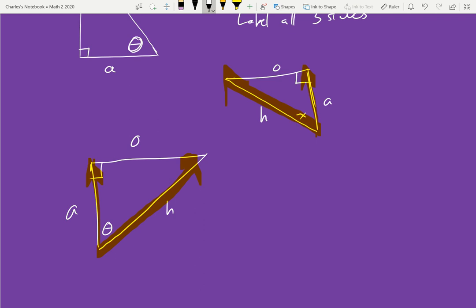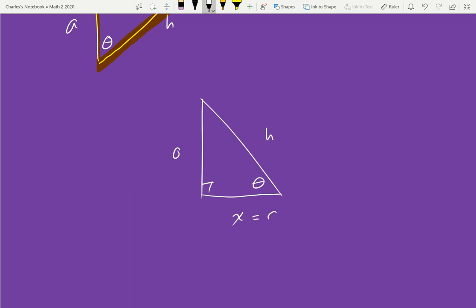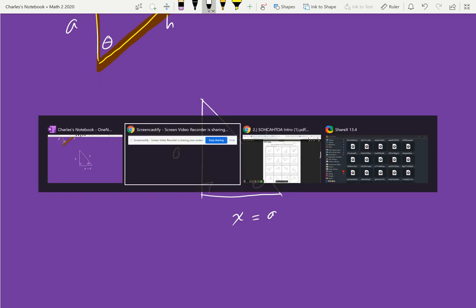On the worksheet, you're going to have to decide whether a side marked by, well, I guess I can do an example. Let's say I have an angle, and I want to know x right there. Is that the opposite? Is that the adjacent? Or is that the hypotenuse? Well, if I start labeling this triangle, that's going to be my hypotenuse. This is going to be my opposite, and this is going to be my adjacent.